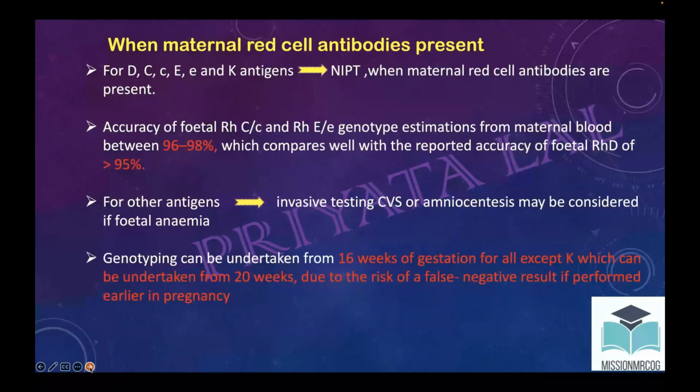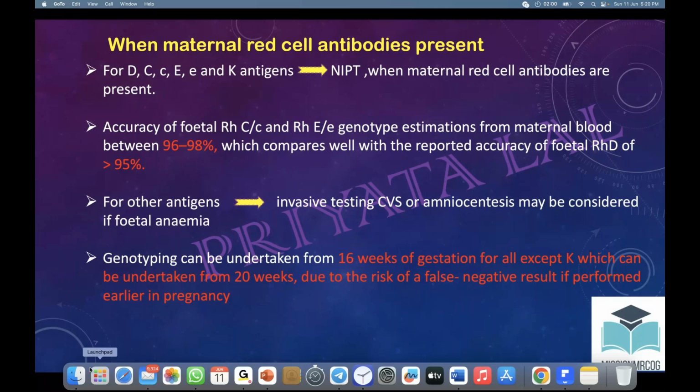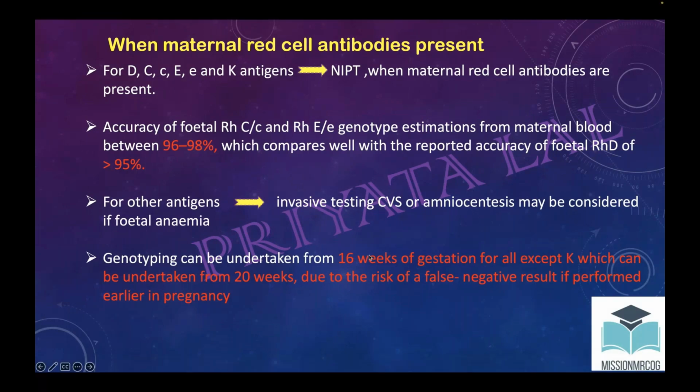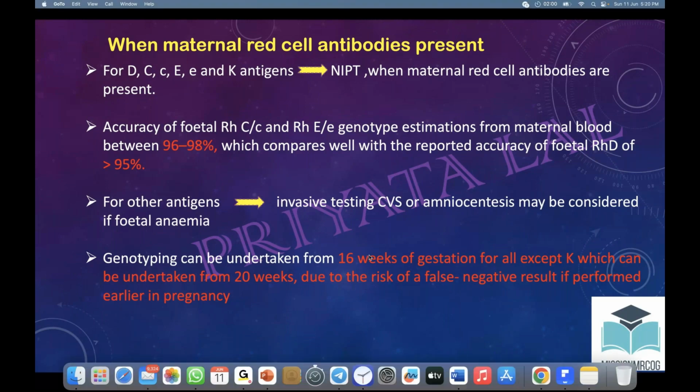Now what is to be done if the mother has antibody? Our worry is the baby, whether the baby has the antigen or not. So if we find the mother has antibody, what will be the next step? We want to know the baby's antigen situation.